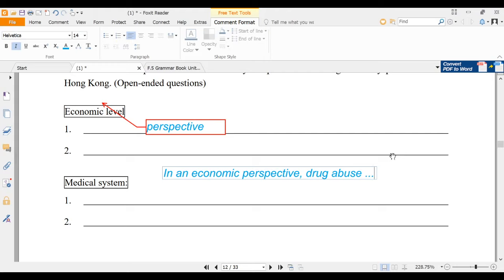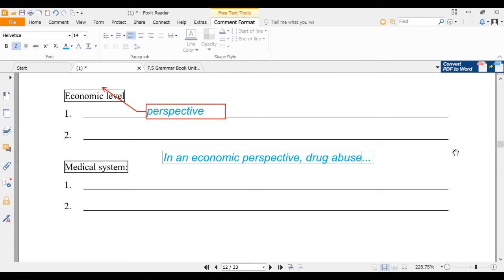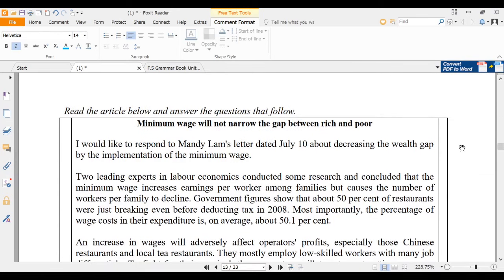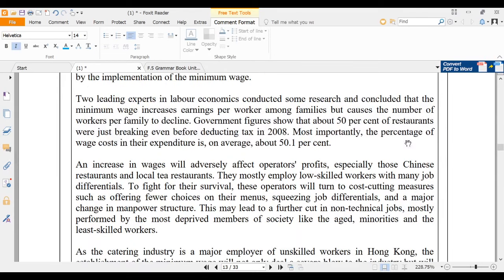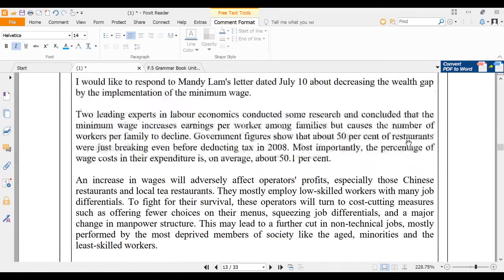It's totally fine. Of course, make sure you don't do this for every single paragraph. It's going to get really boring. And then this one is about minimum wage, 最低工資啦. And we have talked about it in speaking lessons in 2019. So I'm not going to repeat it again.